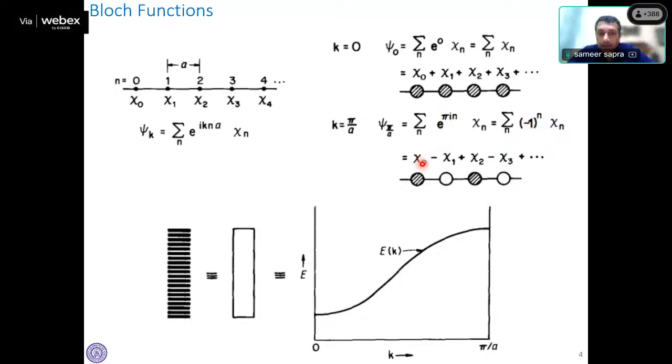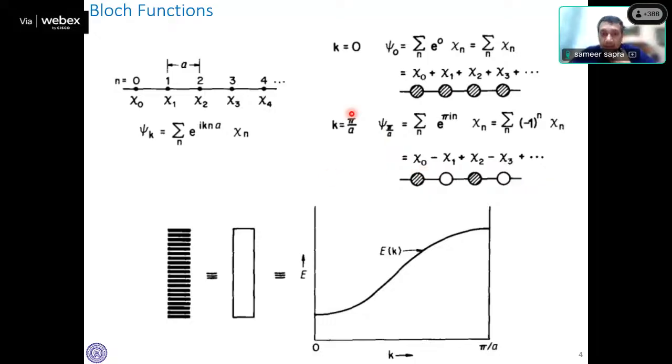So chi0 minus chi1 plus chi2 minus chi3 plus, and so on and so forth. So it's plus, minus, plus, minus. And that we've already seen is the most anti-bonding combination, right? So if I say this is the lowest energy possible, then of course this is the highest energy possible.